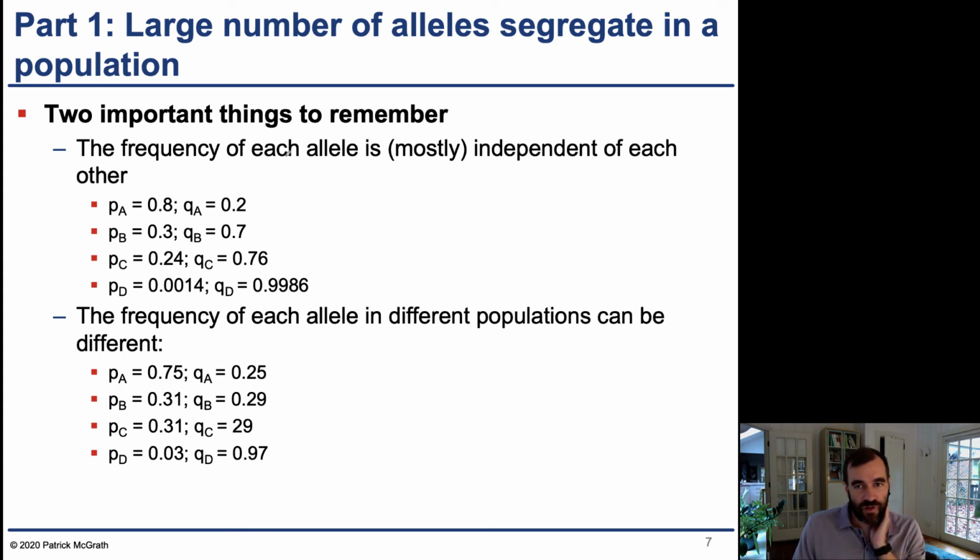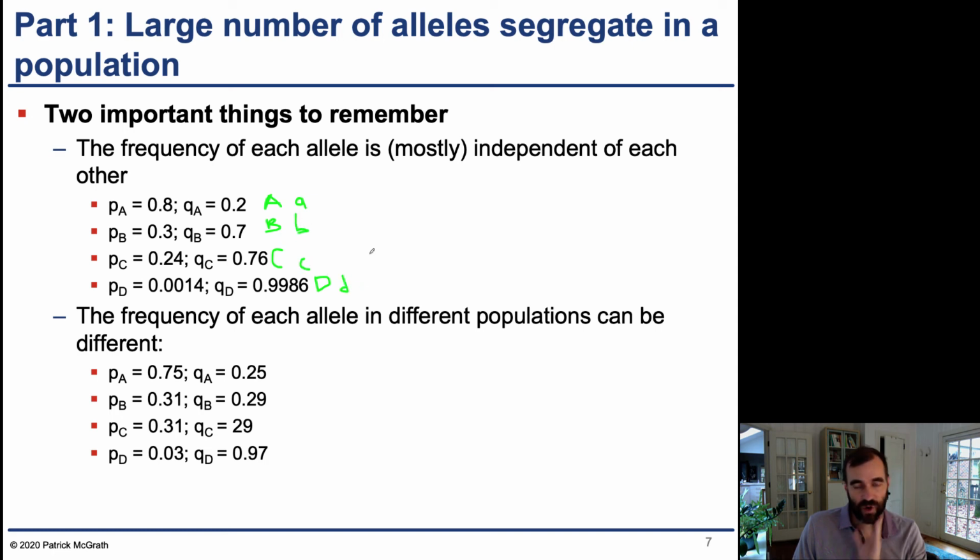And so two other things that are important to remember is that the frequency of each allele is mostly independent of each other. So let's say we are looking at 4 different loci in the genome, A, B, C, and D, and each one of those had 2 different alleles. So there is a big A and a little a, big B and a little b, big C and a little c, and a big D and a little d.